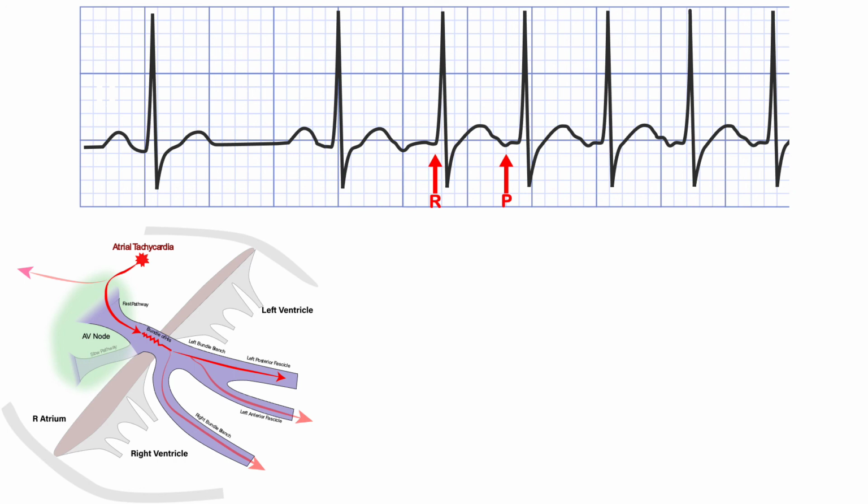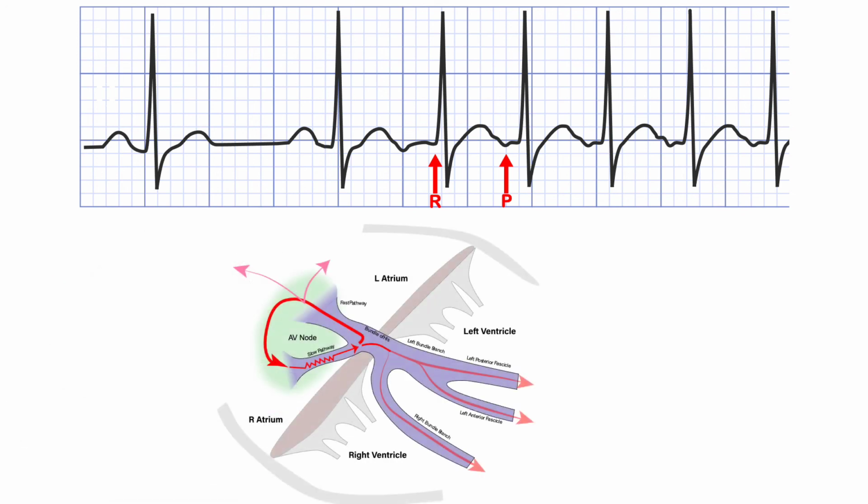Atrial tachycardia is still a possibility here and cannot be ruled out. In the case of AV-NRT, this cannot be a typical AV-NRT because there's such a long delay between the ventricular activation and atrial activation. So this has to be an atypical AV-NRT, but it's always a possibility. Atypical AV-NRT can explain any RP interval or any AV time.